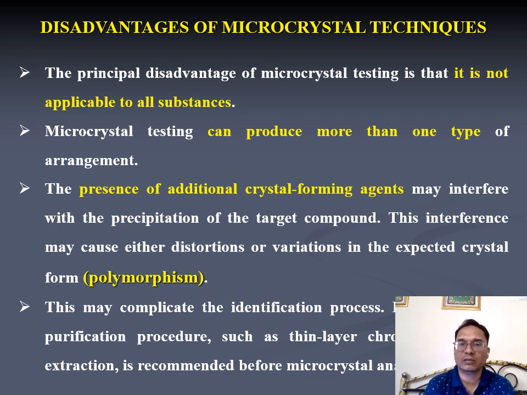The principal disadvantage of microcrystal testing is that it is not applicable to all substances. The amorphous substances do not crystallize, therefore they cannot be identified by using this technique. The microcrystal testing can produce more than one type of arrangement depending on the amount of solvent, the time which is required for the crystal formation, etc. The presence of additional crystal forming agent may interfere with the precipitation of the target compound, and this interference may cause either distortions or variations in the expected crystal forms, which is called polymorphism.